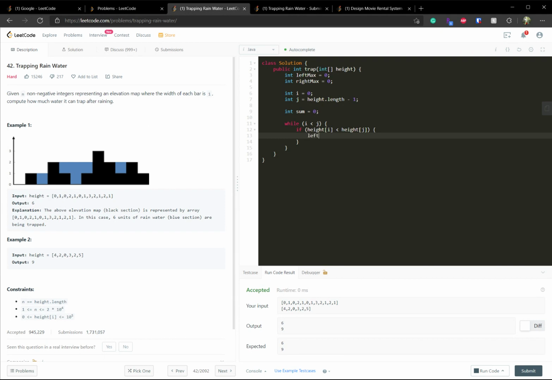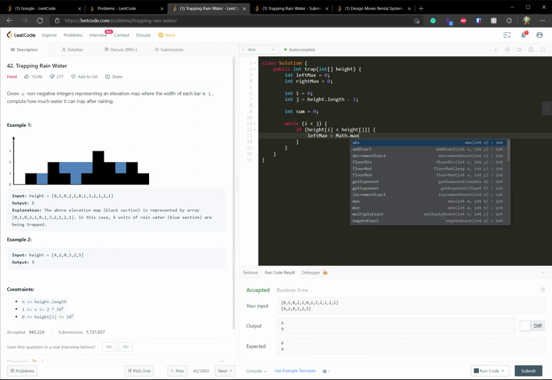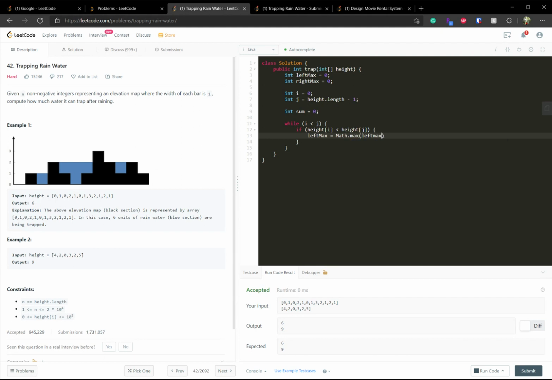So we can say left max equal to the max of left max and height i. And if the global max minus the current height is greater than 0, we know that this is a solution, so we can just add that.